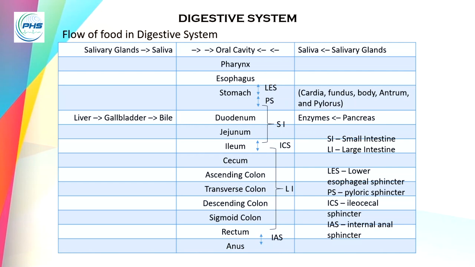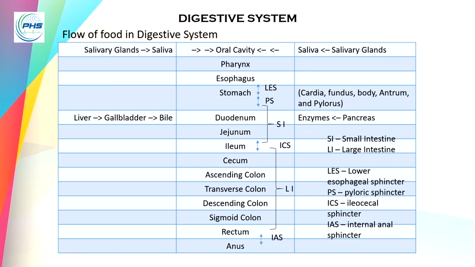Next, the pyloric sphincter at the lower end of the stomach. The pyloric sphincter is a ring of smooth muscles that connect the stomach and small intestine. It opens and closes to control the passage of partially digested food and stomach juices from the pylorus to the duodenum.